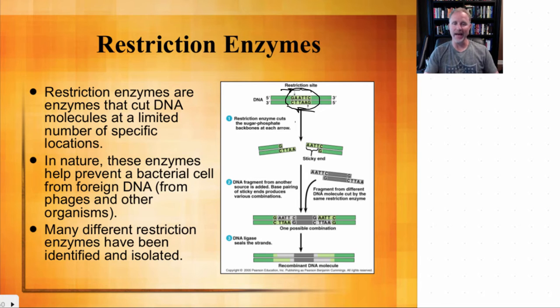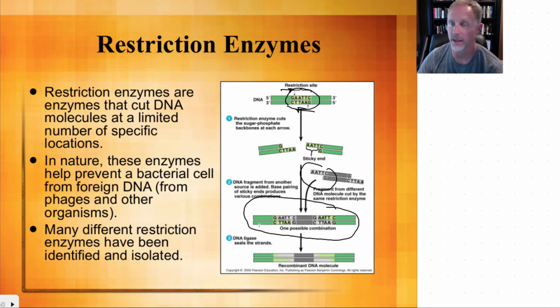And so once you've cut it that way, you can treat the other organism with the same type of restriction enzyme, and you'll get it to cut the same exact way. So then when you mix these two things together, you can see that some of them are going to line up, and that's why you have to select for them, because it doesn't work in all of them.